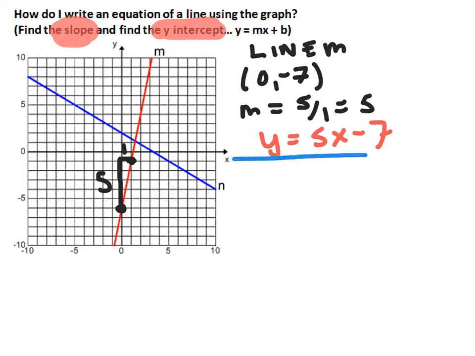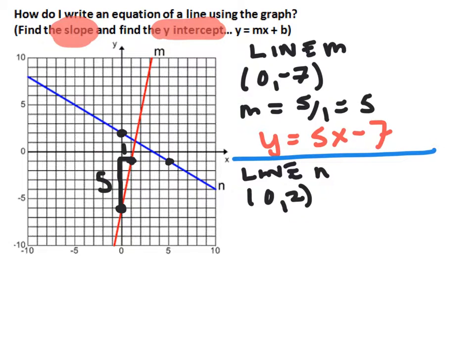Let's take a look at the next one, line N. It looks to cross at the location of positive 2. That would be its intercept. Then I'm going to look for the next time I see it cross clearly, and it looks like way down here. The other ones look close, but that looks the best.